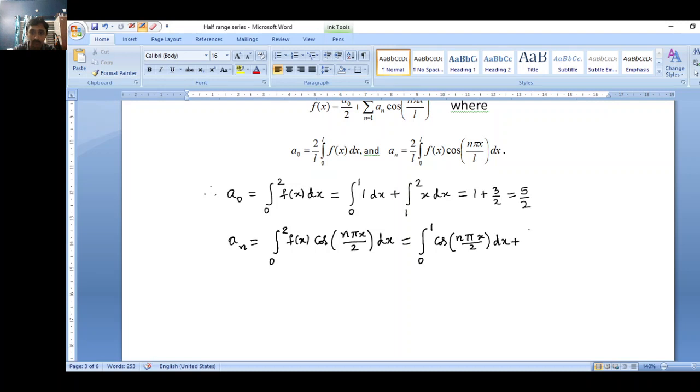dx, and from 1 to 2 f of x is going to be x, so this will be x into cos n pi x by 2 dx, right?